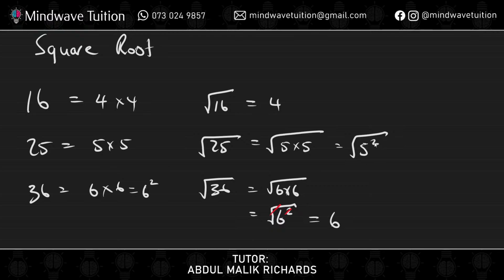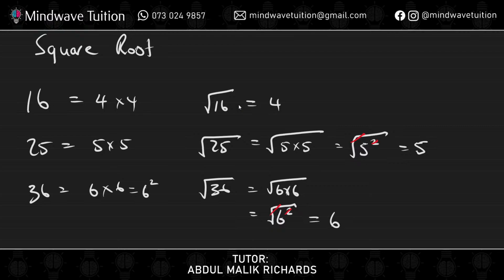And since we have a square and a square root, they cancel each other out, leaving you with just the 5. So the square root of a perfect square is just equal to the number that you need to multiply by itself. So 5 times 5 gives us 25, 6 times 6 gives us 36, 4 times 4 gives us 16.